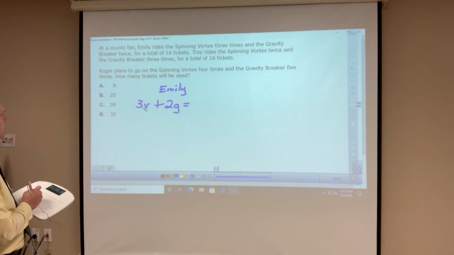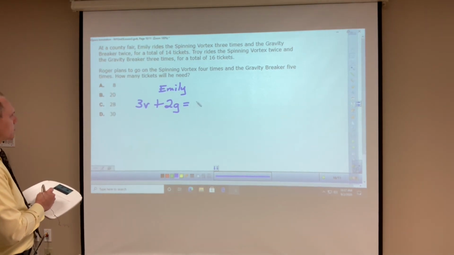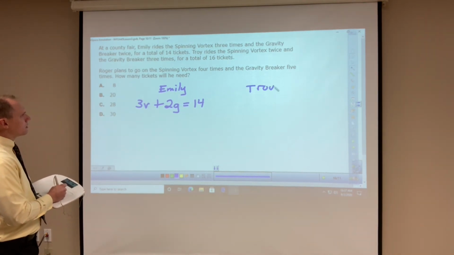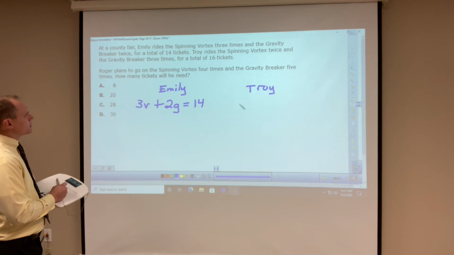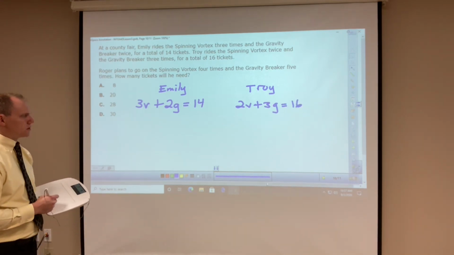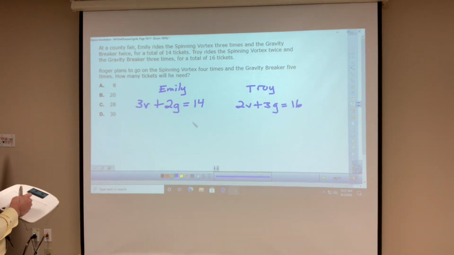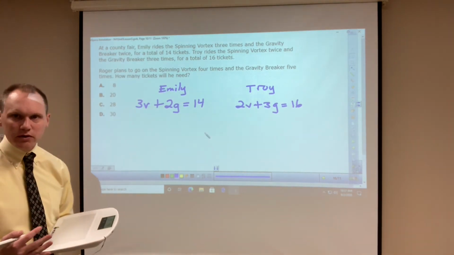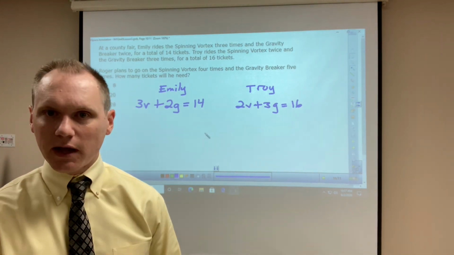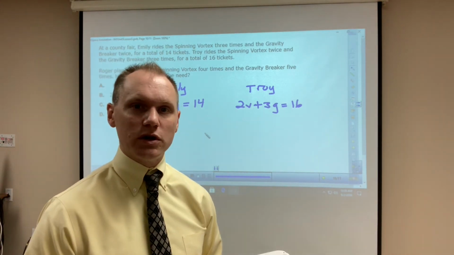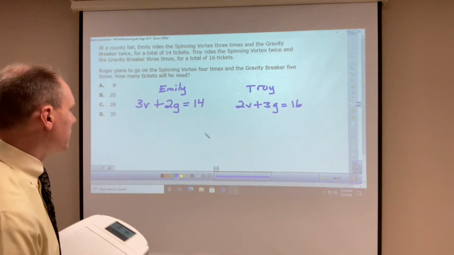And her total, so we add those together, we get the total amount it took, and that would be 14 tickets. All right, for Troy, he rode the spinning vortex twice and the gravity breaker 3 times. And that required a total of 16. All right, so if we put these together and think about it as a system of equations, we can solve for V and G to find out how many tickets it costs for each one. Then we can go back to Roger's situation and figure out how many it takes for him.